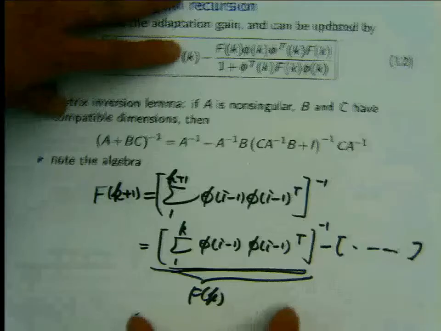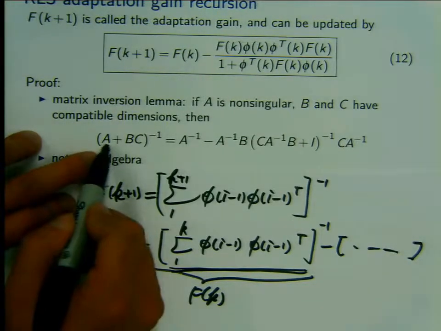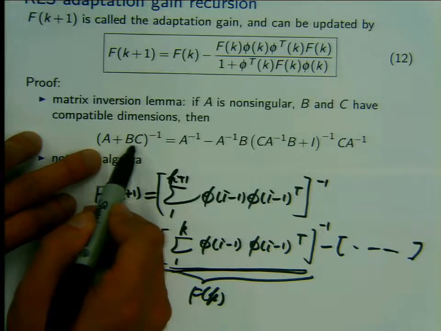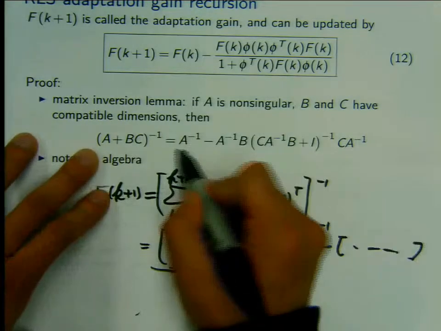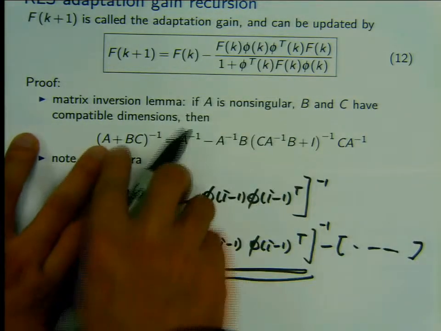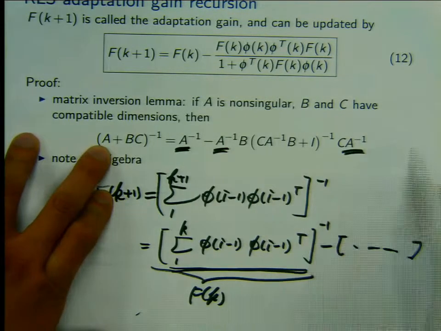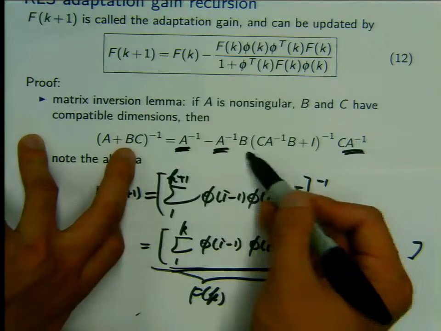More mathematically, this is what I mean. If you are considering the inverse of some matrix A plus some added term BC, it turns out the result is going to be the inverse of A minus some terms related to BC.